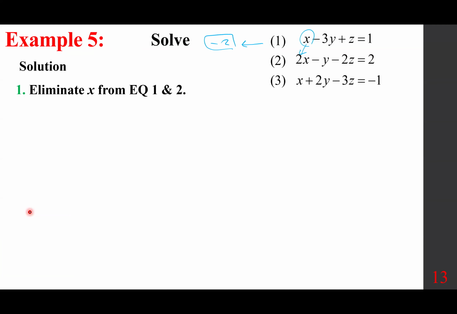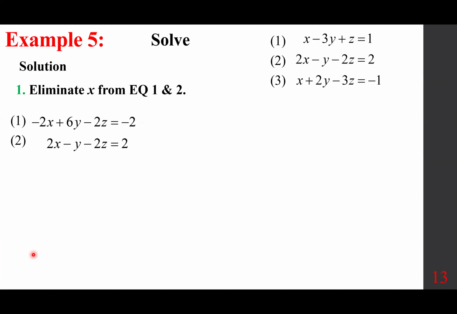What happens when we do that? Number 2, this one doesn't change. Number 1 becomes minus 2x plus 6y minus 2z minus 2. So equation number 1 is multiplied by negative 2. Let's, in fact, do this.